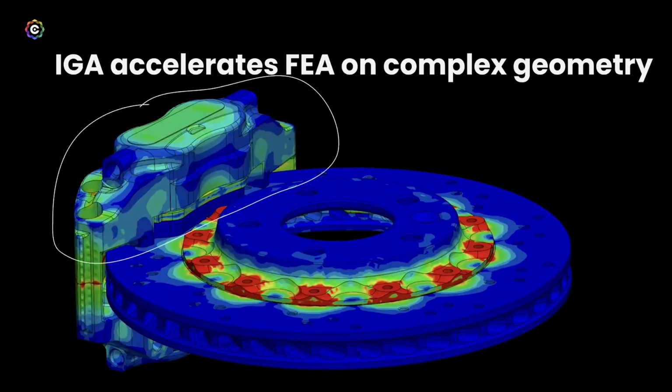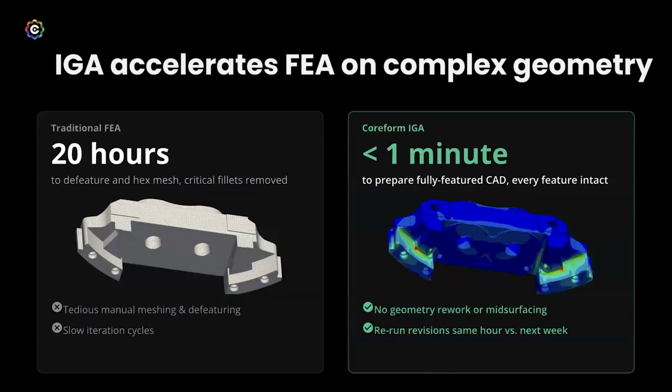In this case, we have this caliper subassembly, which is the geometry we cared about to understand in this kind of brake analysis. Rather than spending a lot of time to defeature that model, it took me 20 hours to defeature it because I only had the STEP file. Because I didn't have the native CAD, I couldn't just turn off the fillets. So it took me 20 hours to defeature that model so I could build a hex mesh on it.